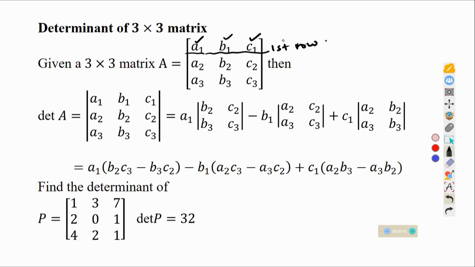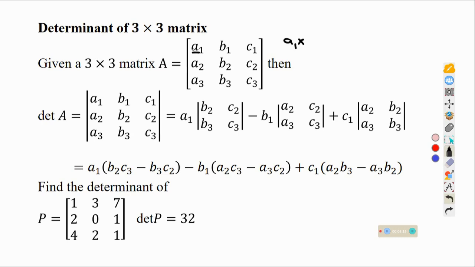Now, in order to find the determinant of the 3 by 3 matrix, we shall be using these elements A1, B1, and C1. To obtain the determinant, we shall first of all get this entry, that is A1, and multiply it together with the following. Now, where does A1 lie?